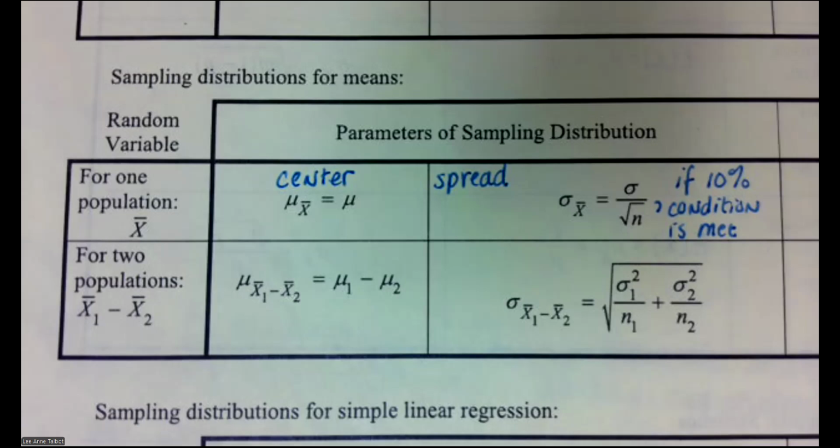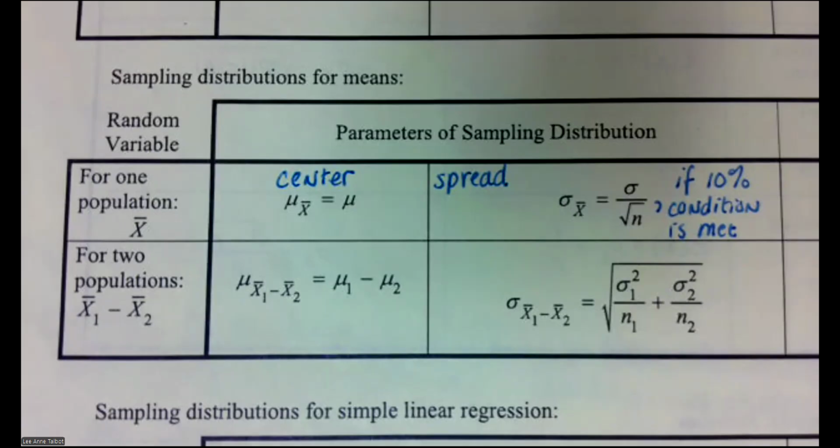Just spoiler alert, if you want to think about it this way, what do you do to find the shape of a sampling distribution when it's proportions? Large counts condition. Okay, large counts condition says n times p is greater than or equal to 10.